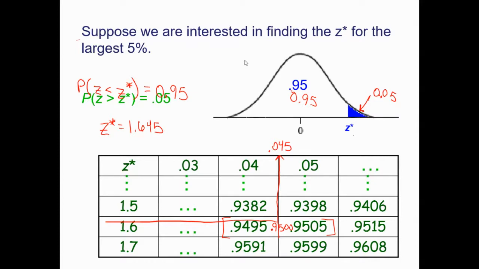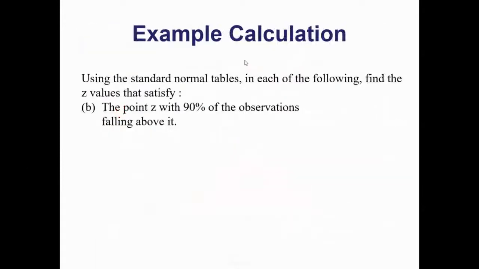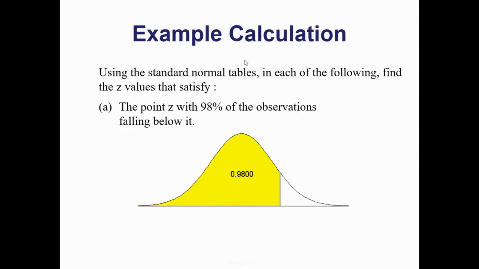Okay, so now let's go back and catch example 10. We want to find the point Z with 98% of the observations falling below it.